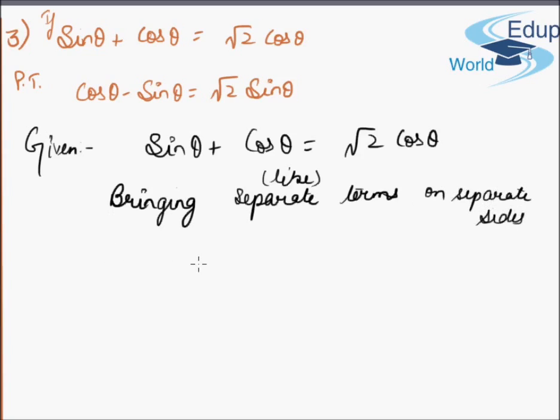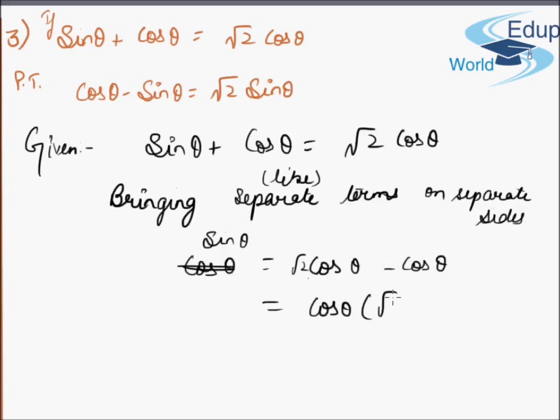So it becomes sin theta equals under root 2 cos theta minus cos theta. Now we can take cos theta common, which will give us under root 2 minus 1.